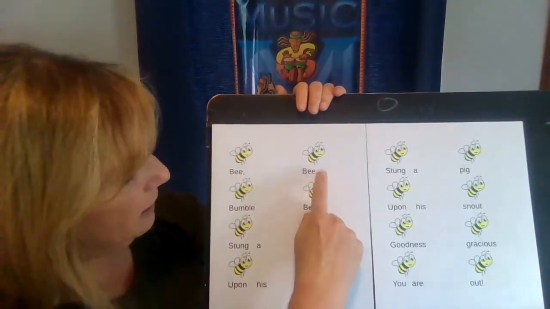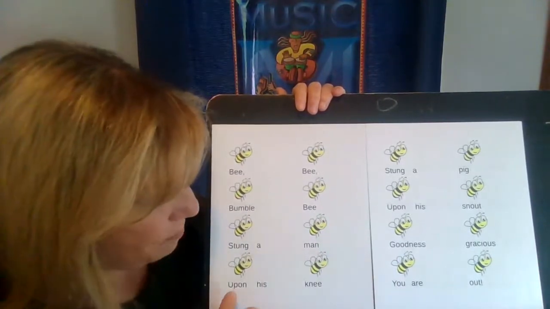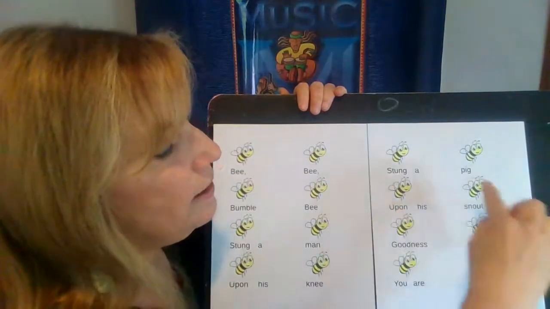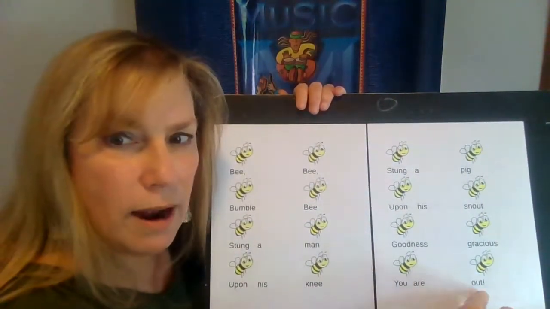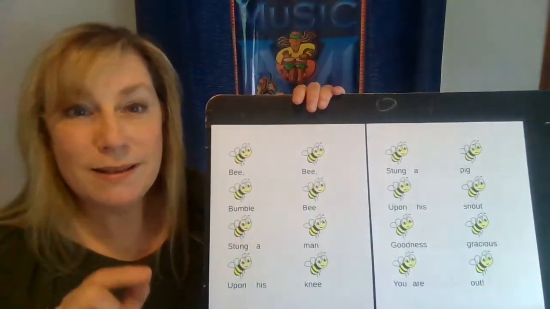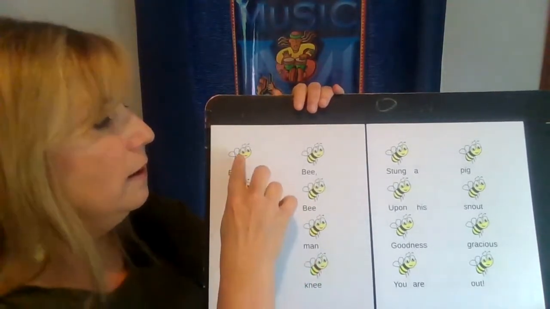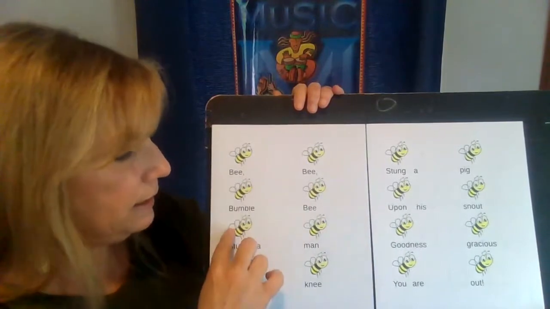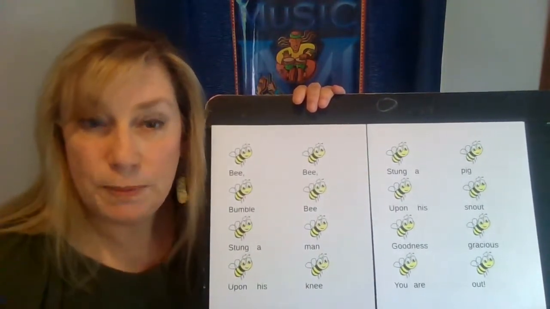Bee, bee, bumblebee, stung a man upon his knee, stung a pig upon his snout. Goodness gracious, you are out. All right, so your job this time is to buzz like a bee for each beat. So you'll be going bzz, bzz, bzz, bzz, bzz, bzz. Got the idea? And I'll point to the bees on each beat.